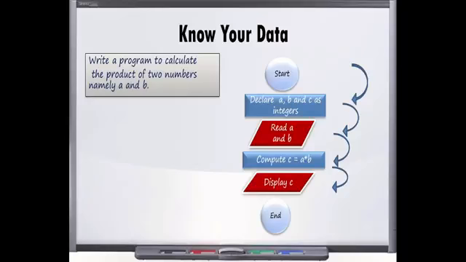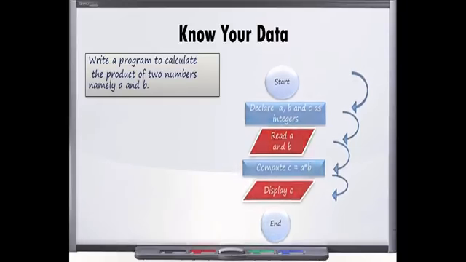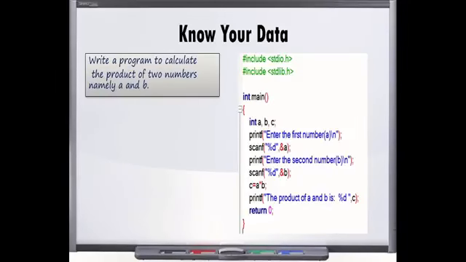This is what the flowchart looks like. We declare three integers, A, B, and C, and then we read A and B, and after that we calculate the product of A and B and store it in C, and finally display C. So this is the algorithm, and I have converted this algorithm to a program. It looks like this.